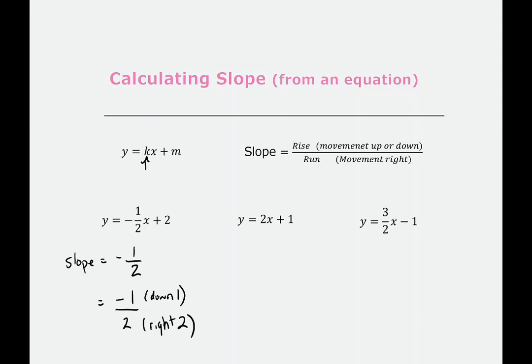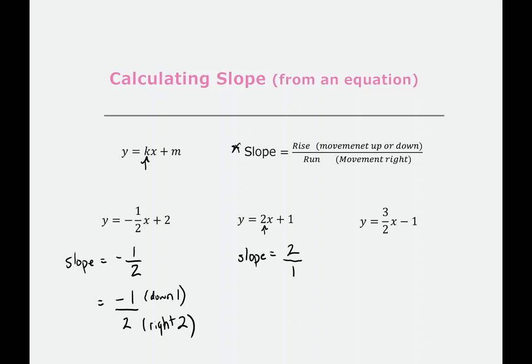The next example, our slope, this value here, 2. However, remember, our slope requires two movements, a rise and a run. We have our rise. To make this a fraction, we can write it as 2 over 1.